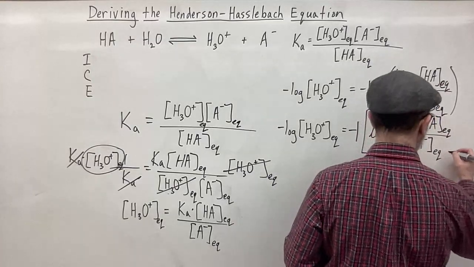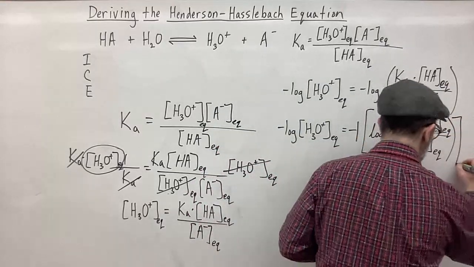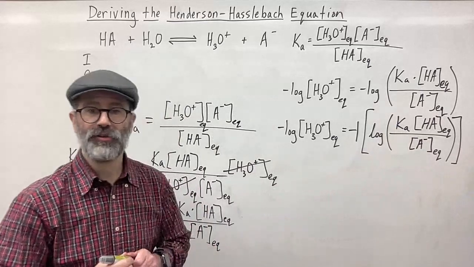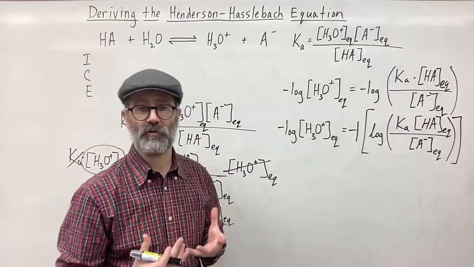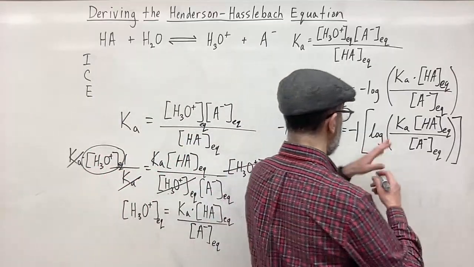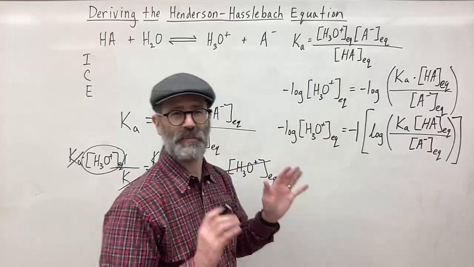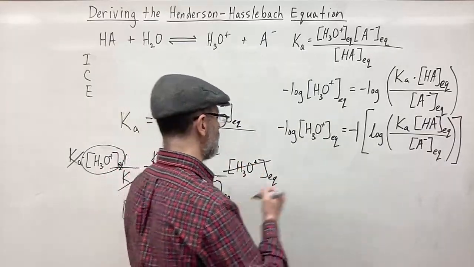At equilibrium. Oh, I forgot. Close the square brackets. Okay, so now I'm going to apply my knowledge of the laws of logs. I want to rearrange this one more time. Again, I'm sorry, I'm just going step by step so everything's clear.